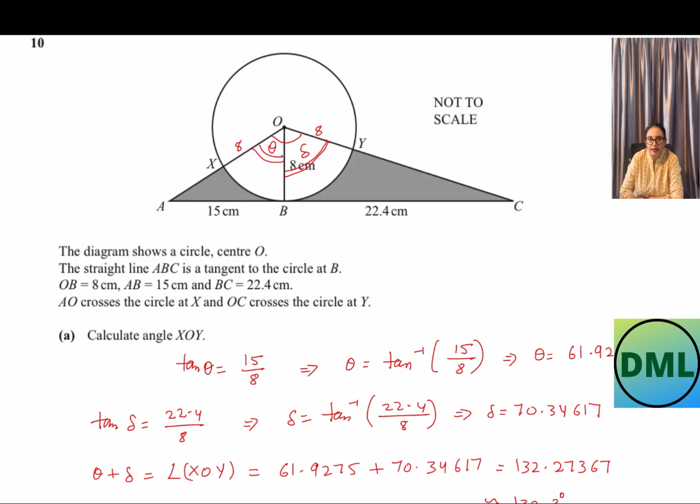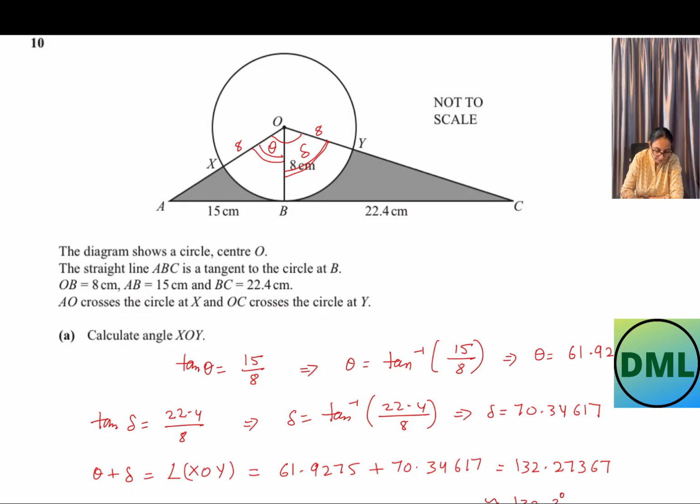If I subtract the area of the triangle minus area of the sector, I will get the area AXB, the shaded region. In a similar way, if I subtract the area of the triangle OBC and the sector area OBY, I will get my shaded area BYC.